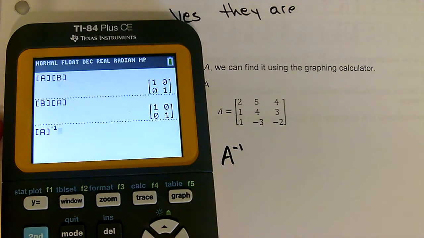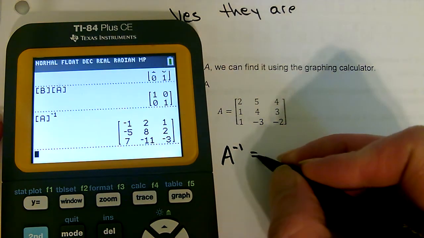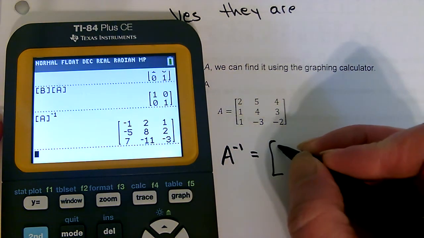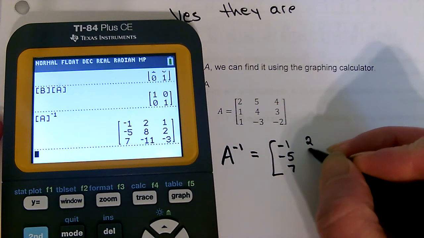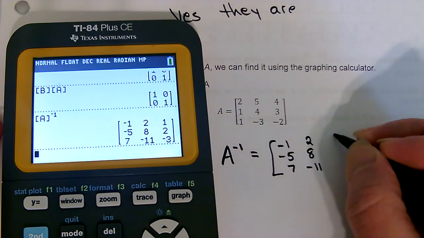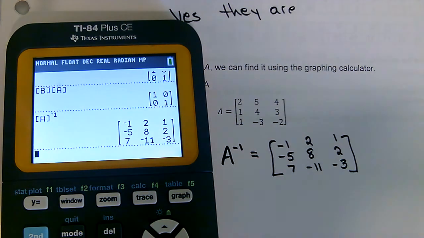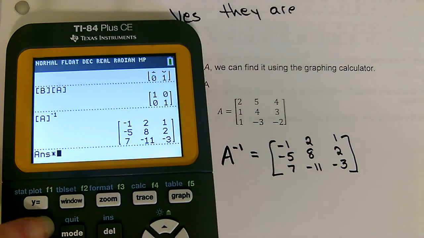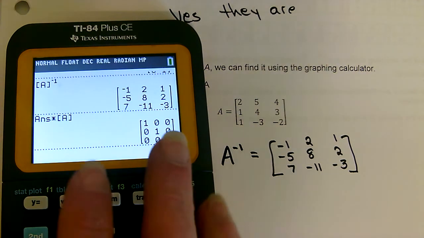So I'm just going to press that, and now it's going to give me a new matrix: -1, -5, 7, 2, 8, -11, 1, 2, -3. And let's prove that that is the inverse of A. So I'm going to multiply that by A, and I get my identity.